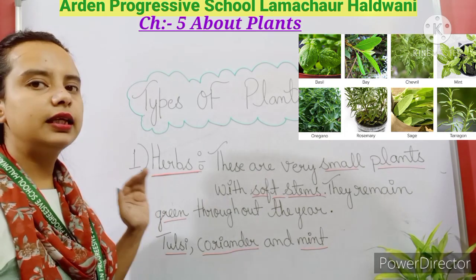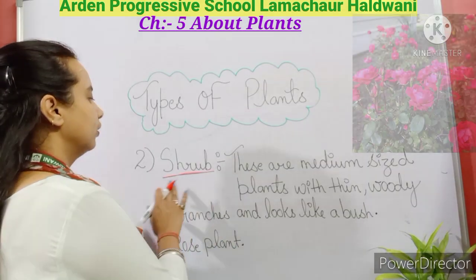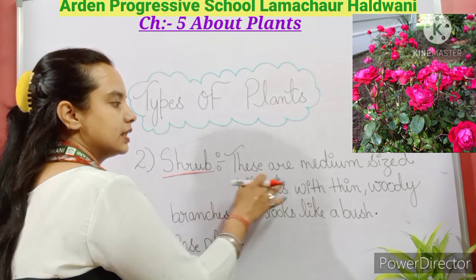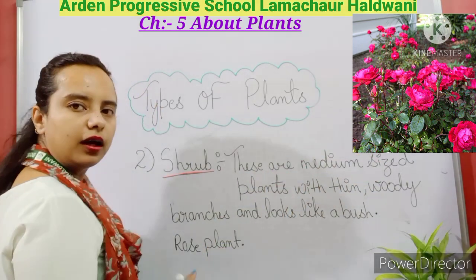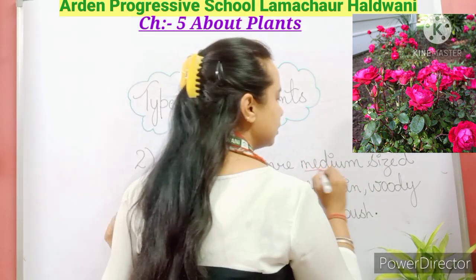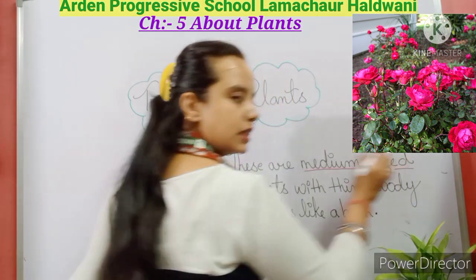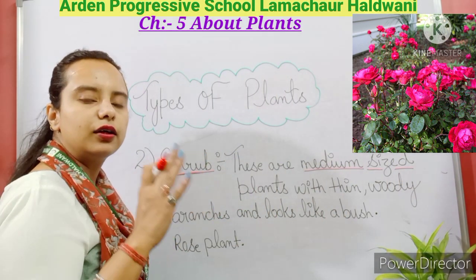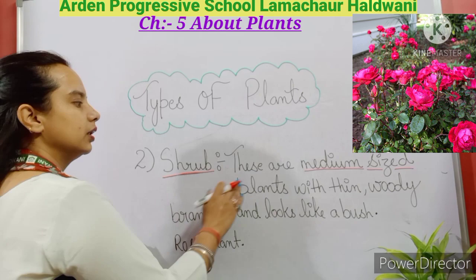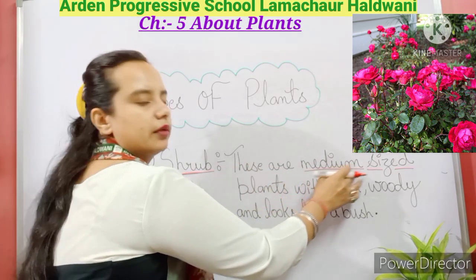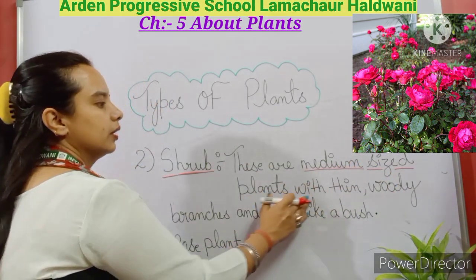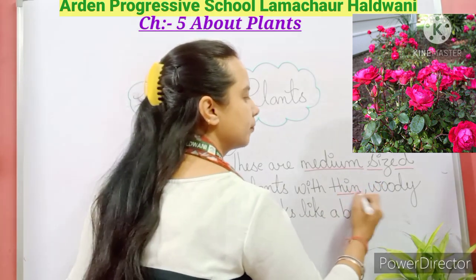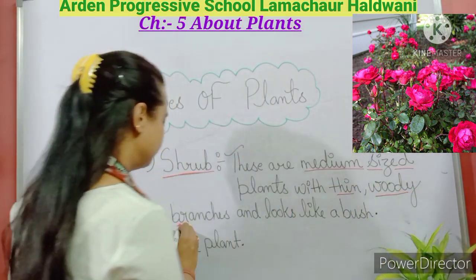Now let's see shrubs. Shrubs are medium sized plants. As herbs are small sized plants, but shrubs are medium sized plants with thin and woody branches.